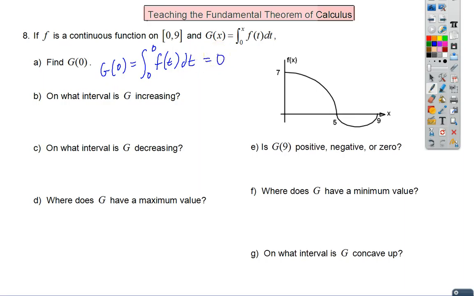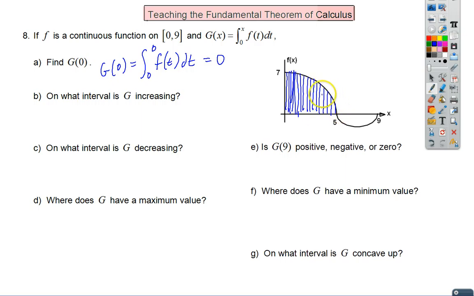Part B is a little bit more interesting. They say, on what interval is g increasing? Okay, so again, what is g measuring? As x gets bigger, when x is 1, this area up here is what g is equal to. When x is 2, this area represents it. Did I get more area? Yes. So how long do I keep going until my area stops increasing? Until the integral part stops increasing.